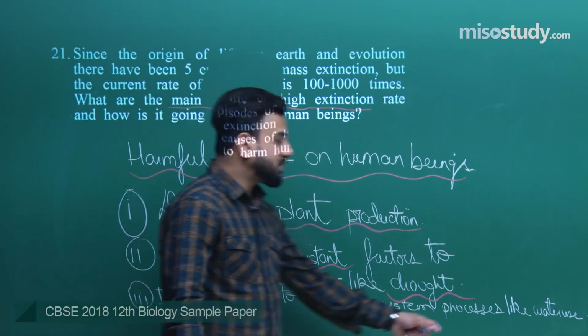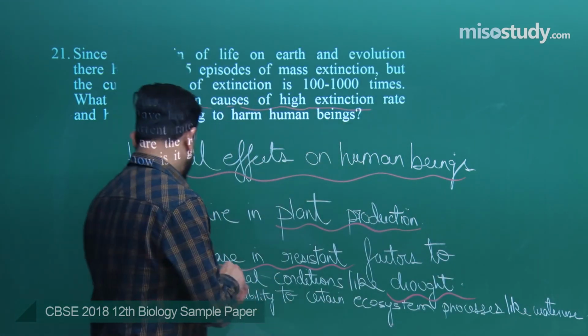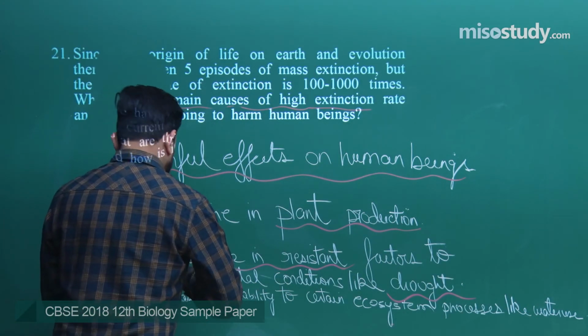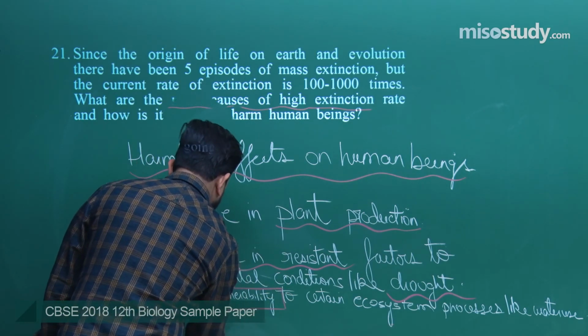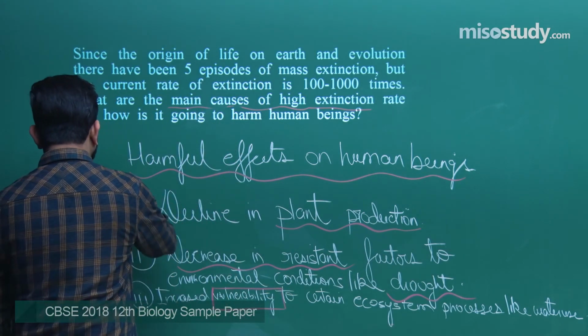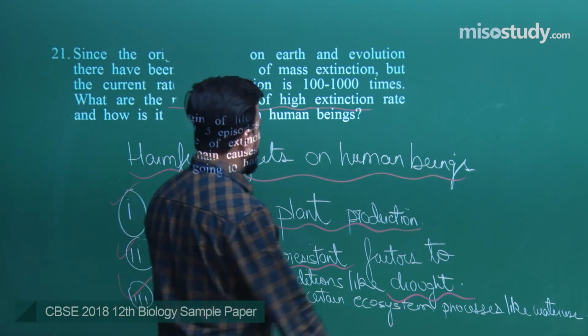This can be seen, right? So what are the three conditions which we see here?